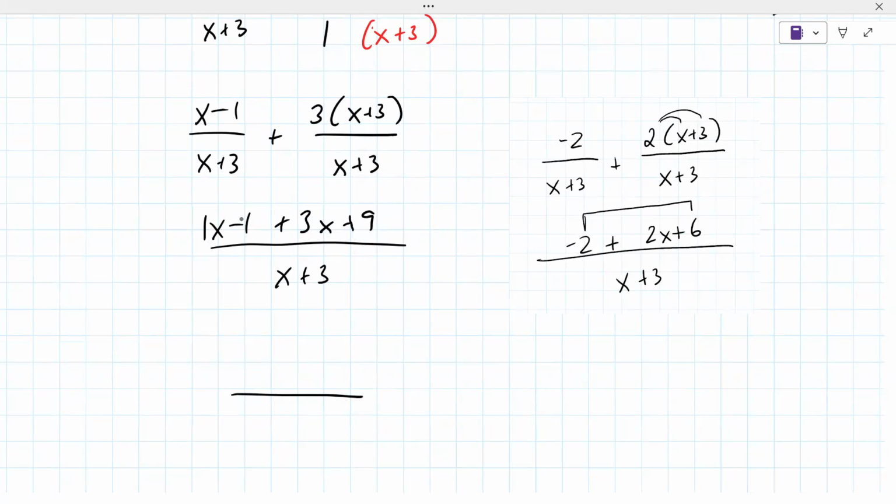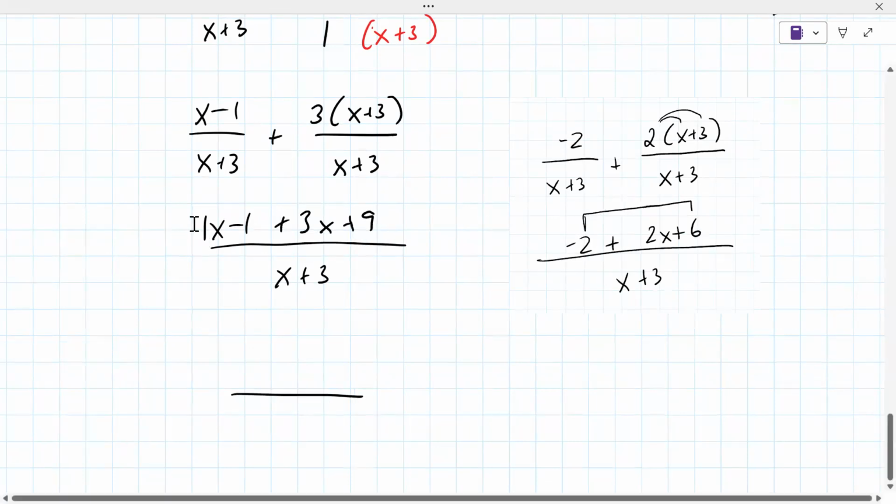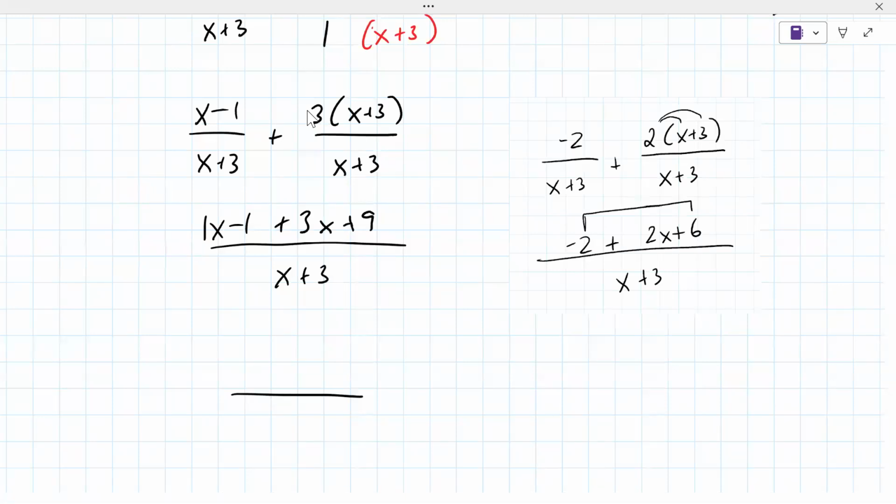Negative 1x plus 3x. Let me just get my calculator. It's not negative 1x, it's just 1x. There's no negative out in front. The number goes 1x plus 3x. It's a 4. 4x, 4x plus 9.